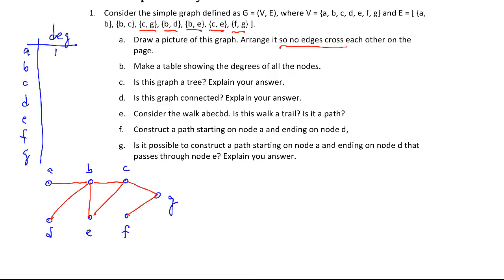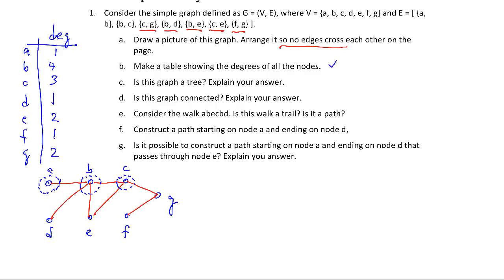We can imagine drawing a little circle around each node and asking how many edges cross through that little circle. A has 1, B has 4, C has 3, D has 1, E has 2, F has 1, and G has 2. Okay, so we did that.